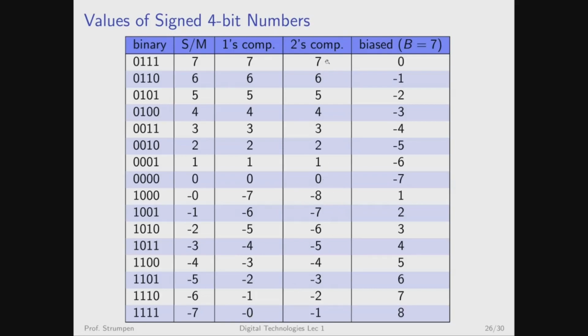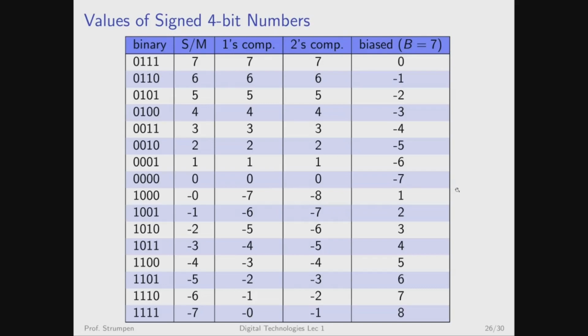So now the 2's complement has a negative number range from -1 down to -8, rather than from -0 to -8 for the sign magnitude and ones complement numbers. The biased representation is shown on the rightmost column, where the bias has been chosen to be 7, and the value of the binary number is the magnitude of the binary number minus bias 7.